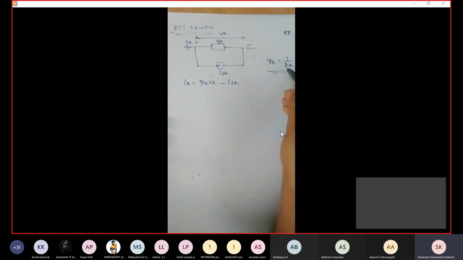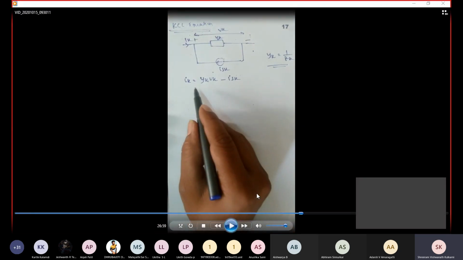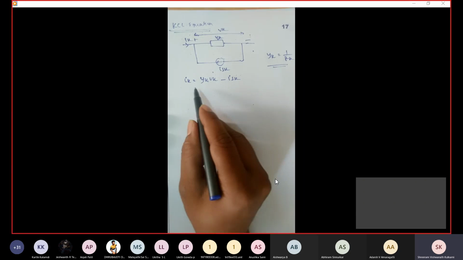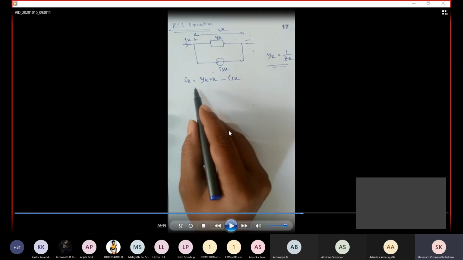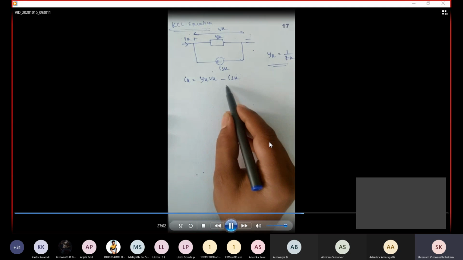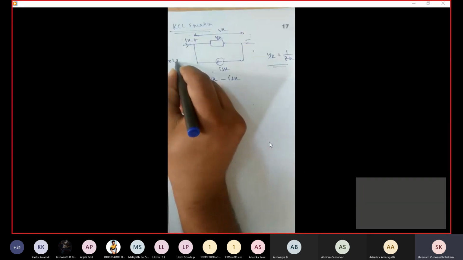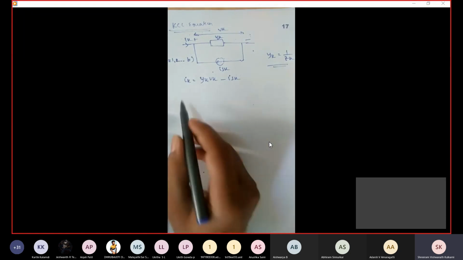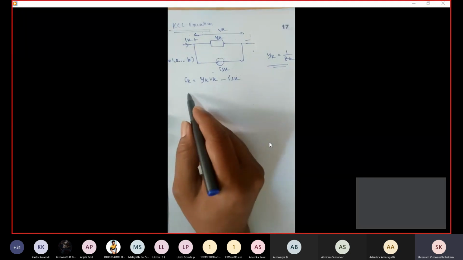Impedance equals 1 by admittance. So IK equals YK VK minus ISK. Here also up to B branches. This is the kth branch I am writing.